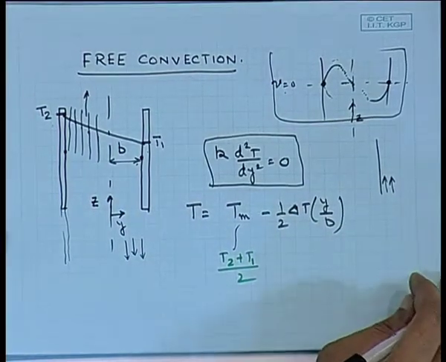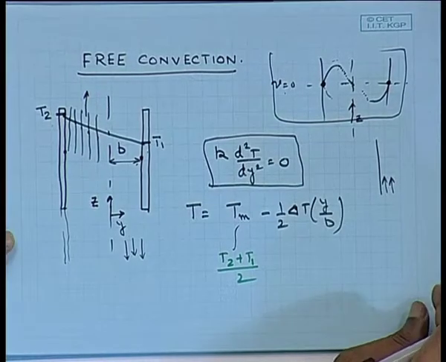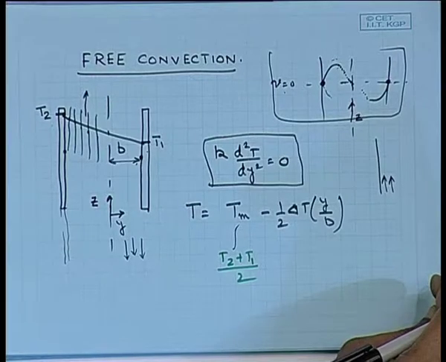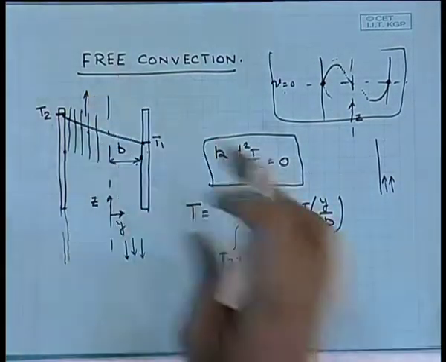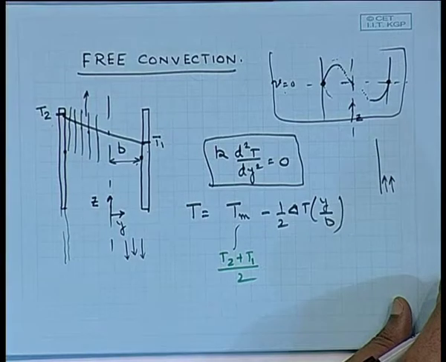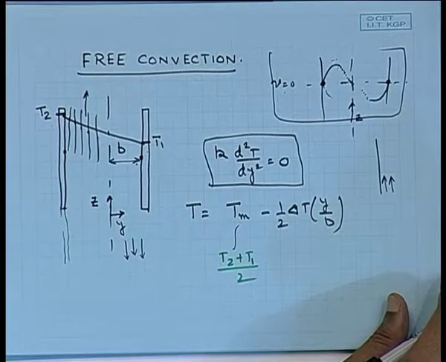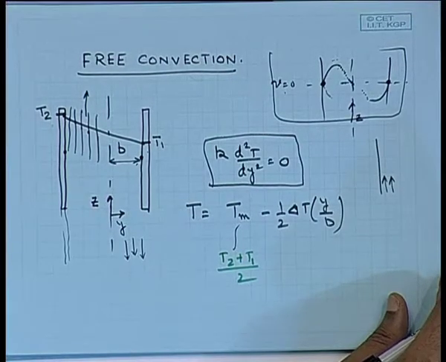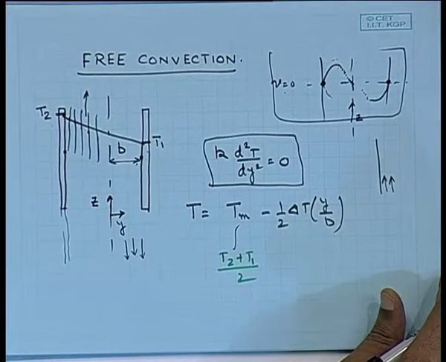Now comes the momentum transfer part. First of all, let us analyze the situation. My question is, for this case, do we have to have a pressure gradient imposed on the system? Do we have a body force present in the system?